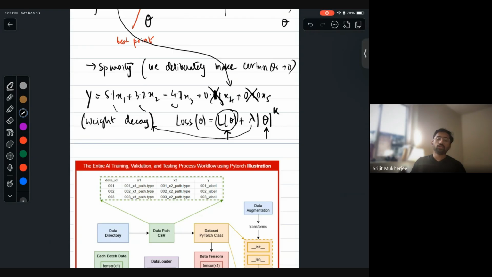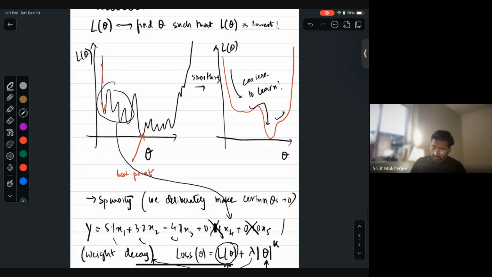All of you? So essentially the goal is that it makes the loss function smoother, easier to minimize.